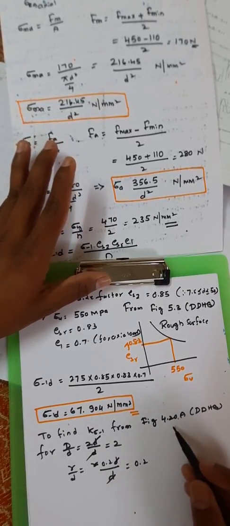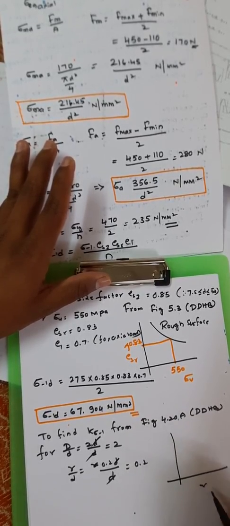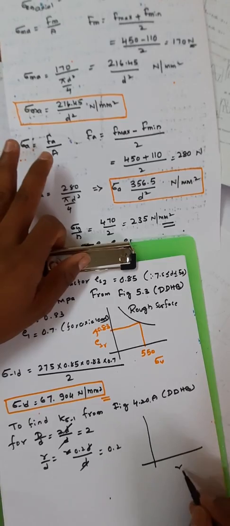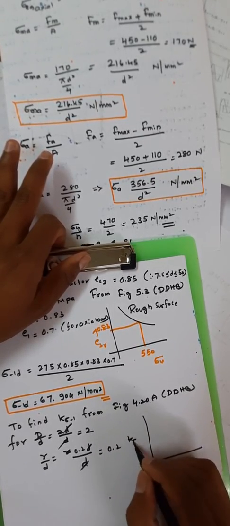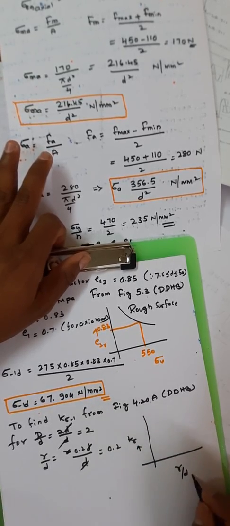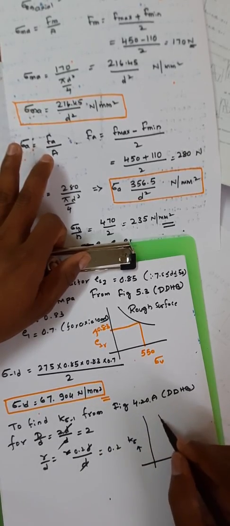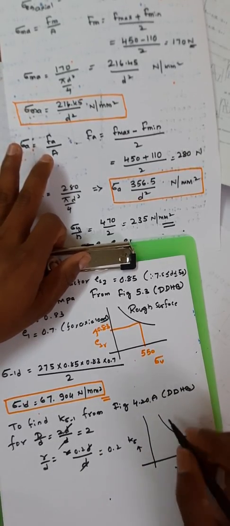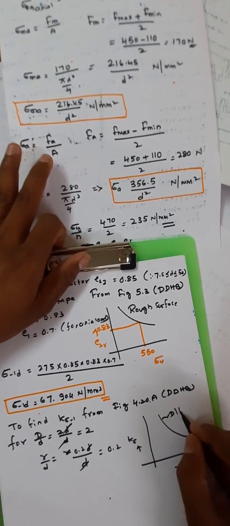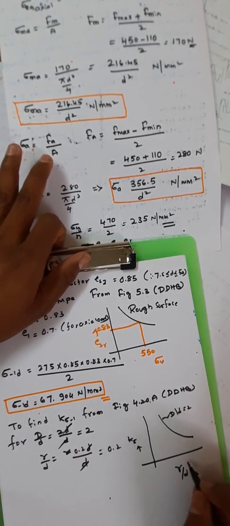From figure number 4.20, in the x axis we have the r by d ratio, and in the y axis we have K sigma. Using this r by d and D by d, here we have the D by d lines, where D by d is equal to 2. Here we take r by d equal to 0.2.